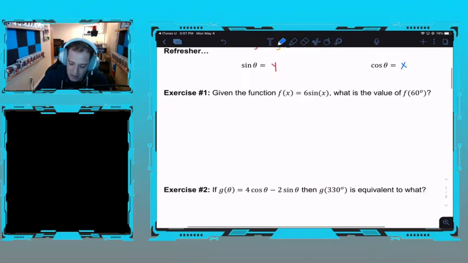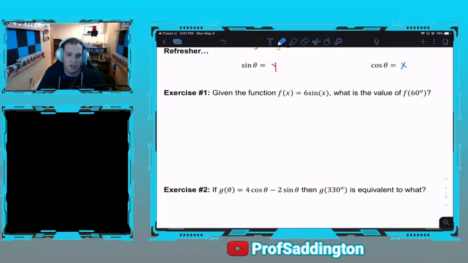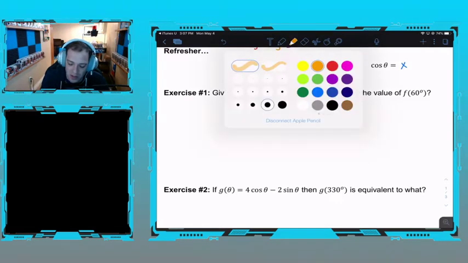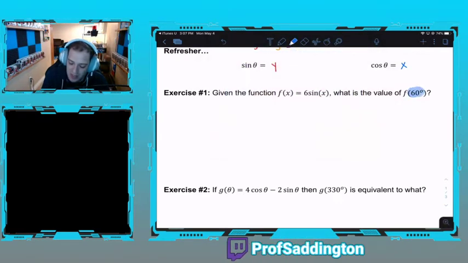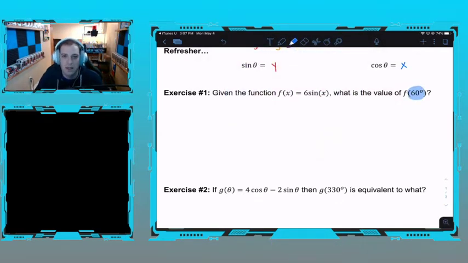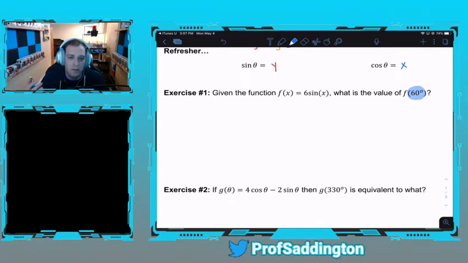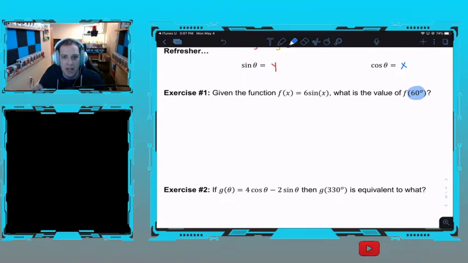So exercise number 1, this is a function. It says f of x is equal to 6 sine x. It says what is the value of 60 degrees? So first of all, this problem is in degrees, so it's not going to be like radians like we did the other day. This one's going to be pretty basic.